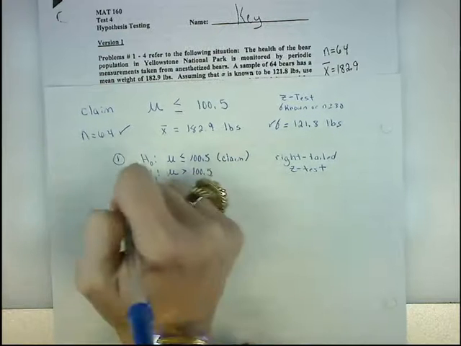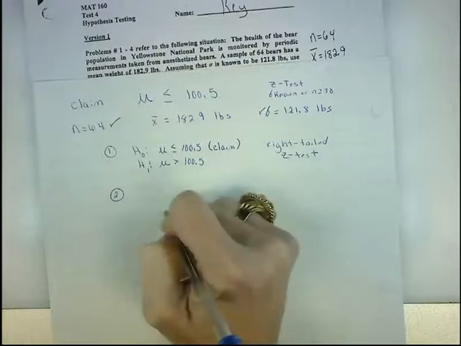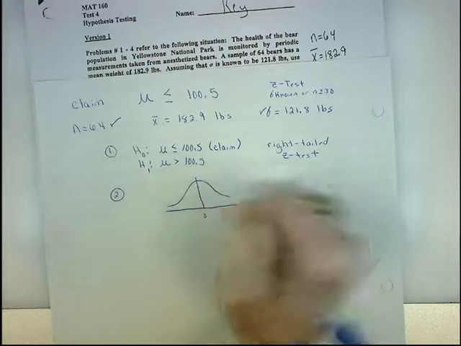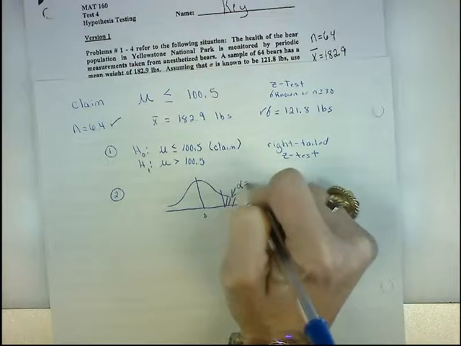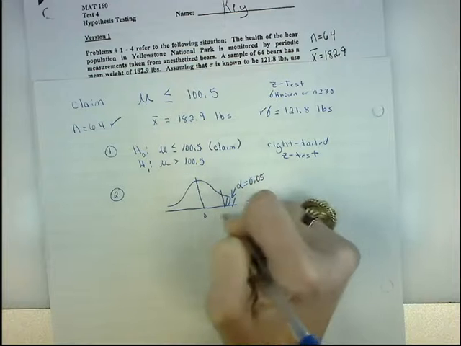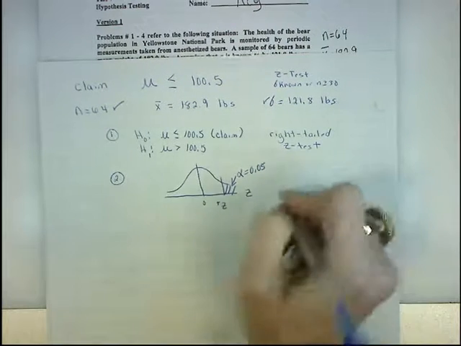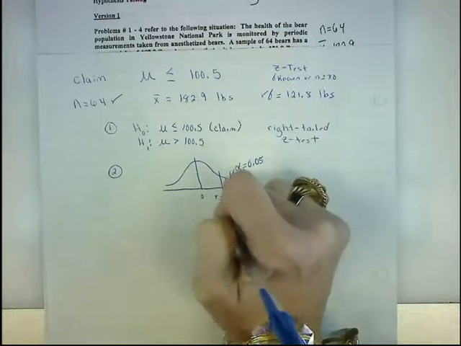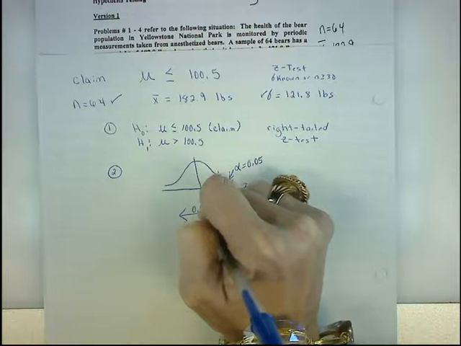Step number 2 of the traditional method is to find the one and only critical value. So I'm drawing the z-axis and shading that right tail, and that's all of the alpha of 5%. So you're looking for this positive z to indicate your critical value. If this is the 2-page z-table, then you have to look up the area below the unknown z, which is that area of 95%.